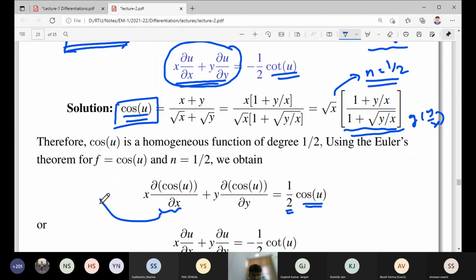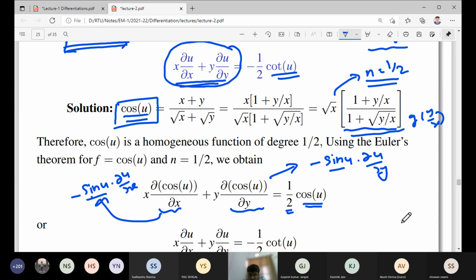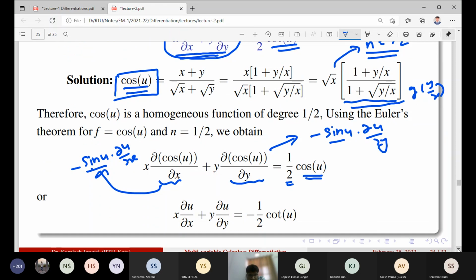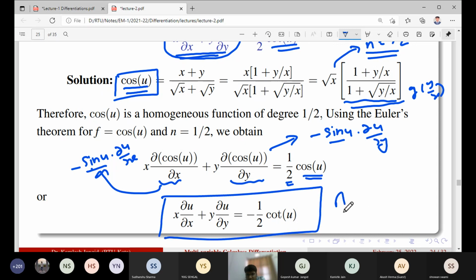If you differentiate with respect to x, we get minus sin u del u upon del x. Again, differentiating with respect to y, we get minus sin u del u upon del y. Right? So after simplification, take minus sin u common and divide by minus sin u on both sides of the equation. We get x times del u upon del x plus y times del u upon del y equals minus 1/2 cot of u, which is our required result.